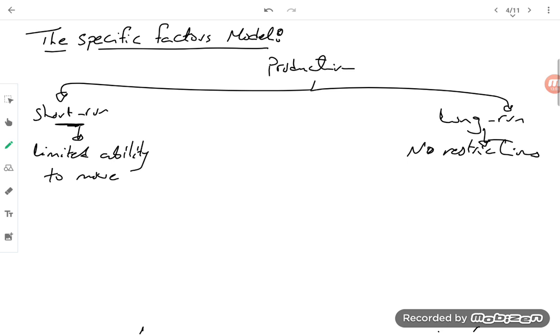Also, the specific factor model is a special case of the Heckscher-Ohlin model. According to this theory, each commodity will be produced mainly by a factor which is used only in its production.